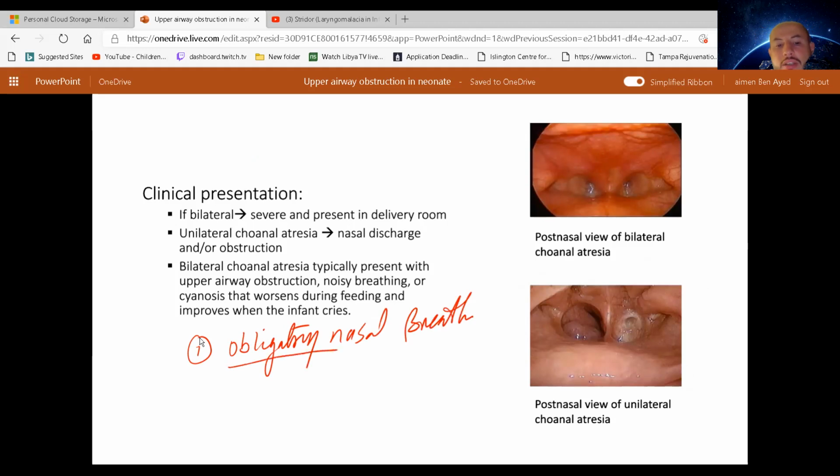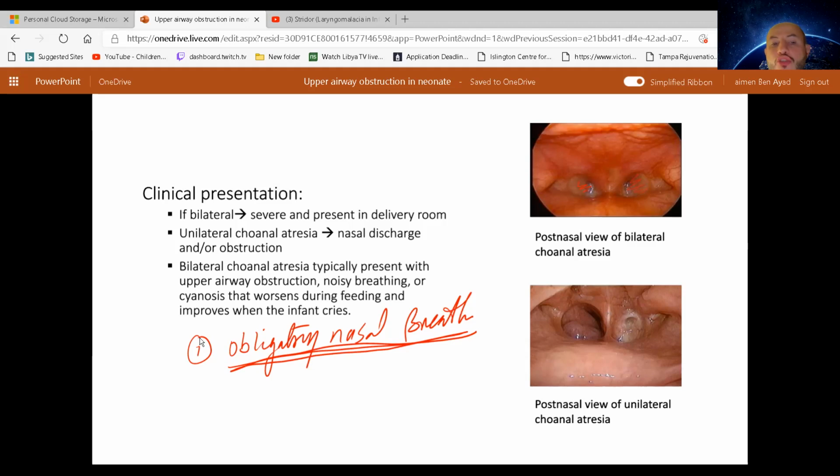So if the baby breathes only through the nose and you obstruct both sides, what's going to happen? The baby is completely cyanotic. When he cries, the cyanosis gets less because air starts coming through the mouth. That's the complete airway obstruction, and that's the true emergency.